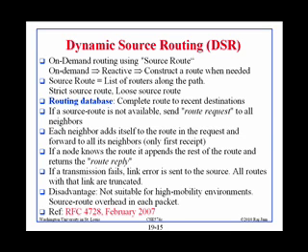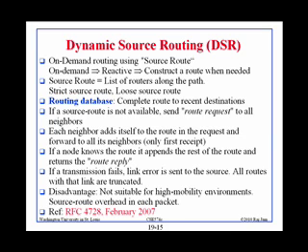So what happens is everybody keeps a routing database which has a complete path to wherever you want to go, and the way you get that is by asking when you need it. So you keep your previous memory that when I sent the packet to 10, this was the route. But if you don't know, you can say I have a packet to 10, can somebody tell me the route?